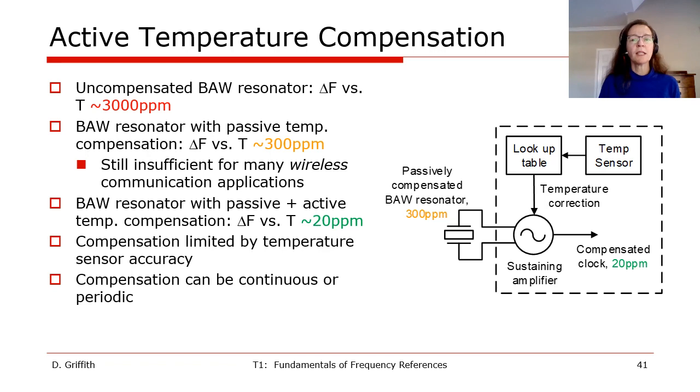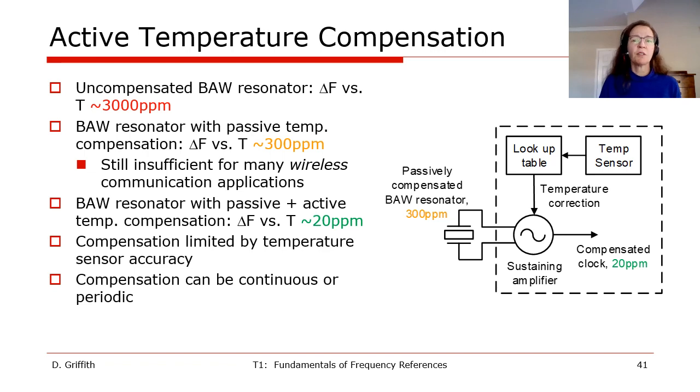So what we can do next is combine the passive temperature compensation with active temperature compensation as shown in the diagram here. So we have a temperature sensor that is used to determine the current temperature, and then a lookup table used to apply a frequency correction code to the ball oscillator based on that temperature.